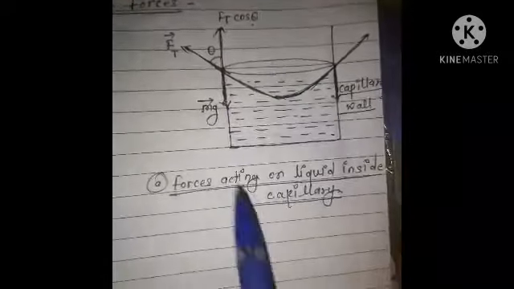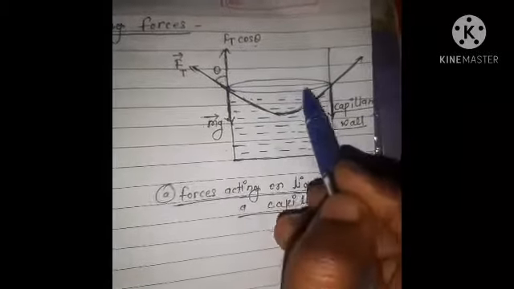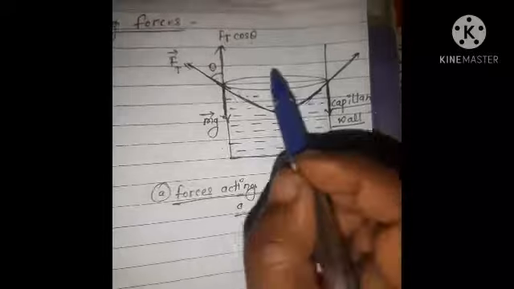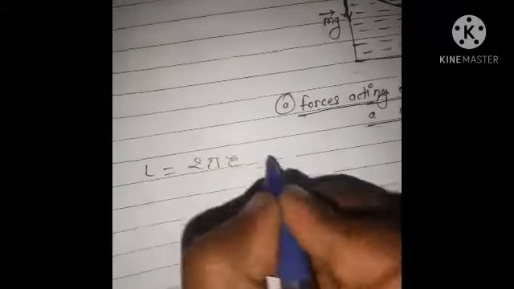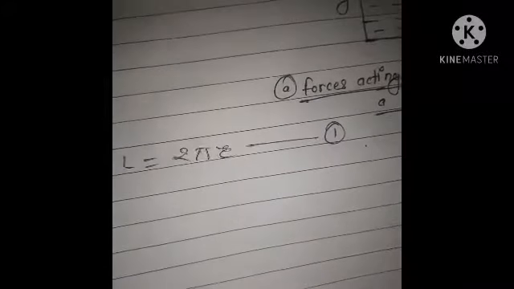Now consider the liquid which is in contact with the capillary tube. The length of liquid in contact with the capillary tube is, suppose, 2 pi r. Suppose equation number 1.